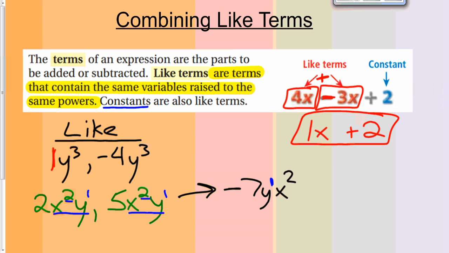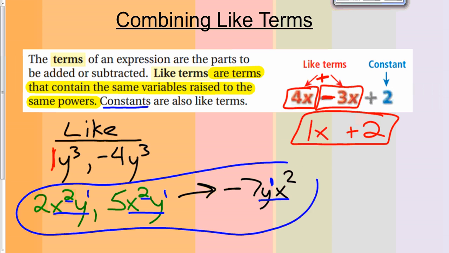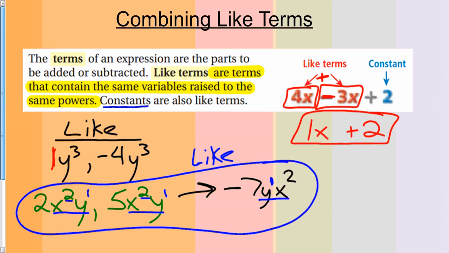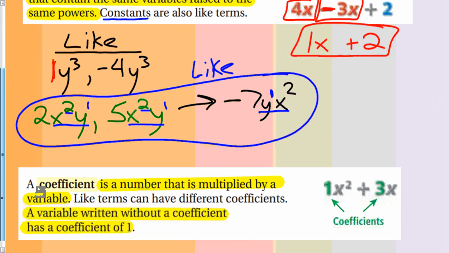Remember, it doesn't matter what order we multiply those things in. It could be x squared times y or y times x squared. This is also a like term. So if these were in an expression together, they could all be combined. They are like, all right? So that's what like terms are. Same variables to the same powers.